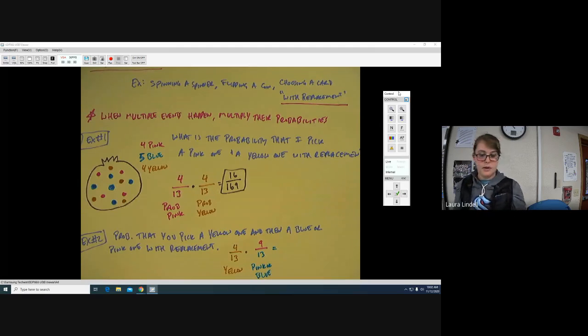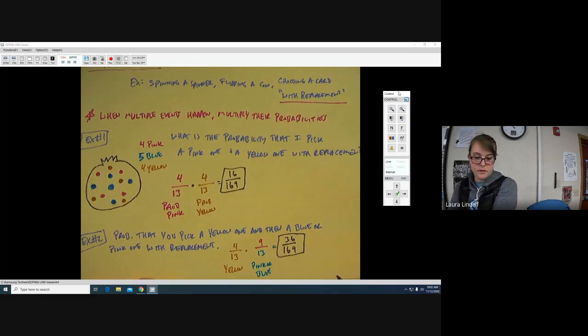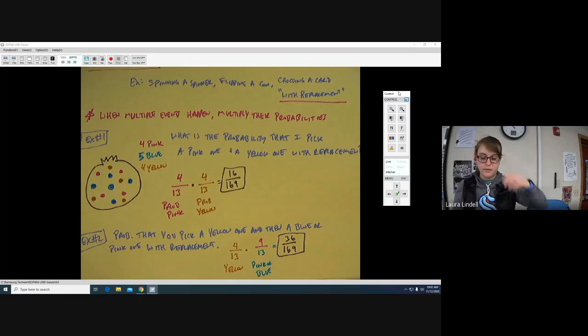And then we just multiply those. 4 times 9 is 36. 13 times 13 is 169. And this fraction doesn't reduce. If your fraction does reduce, you should reduce it, but that one does not. Okay, so that's probability with independent events, events that don't affect each other.